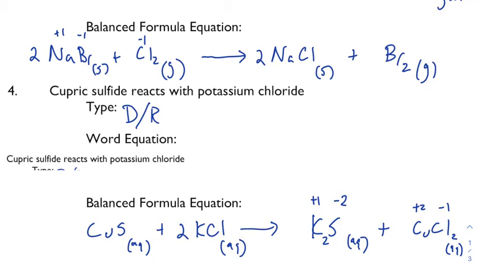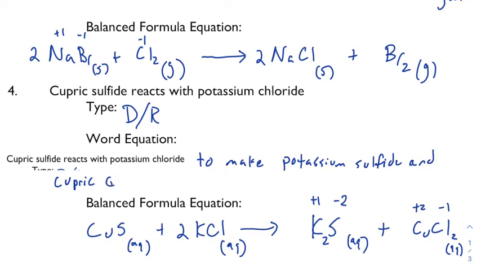So the arrow means we'll say to make K2S, which is potassium sulfide, and cupric chloride. Now you could say copper 2 if you don't want to say cupric. Cupric chloride.